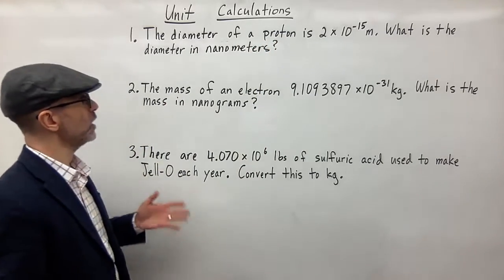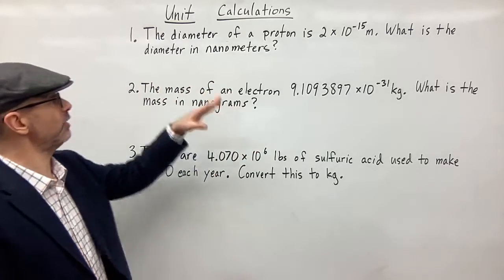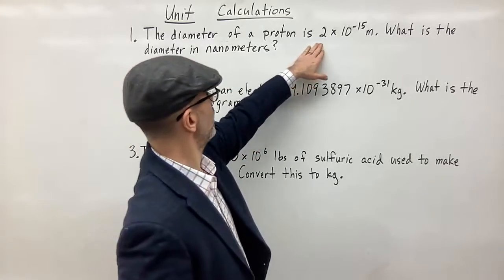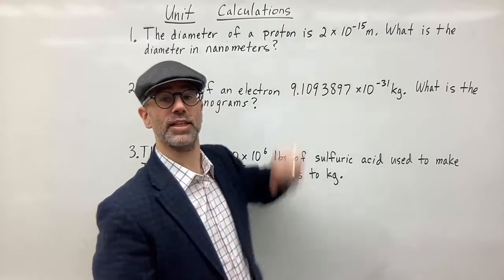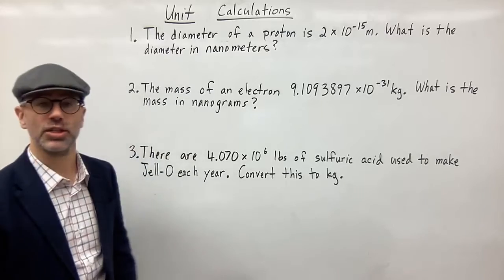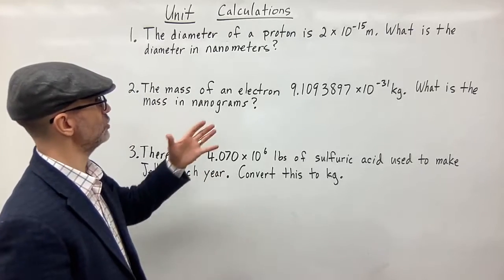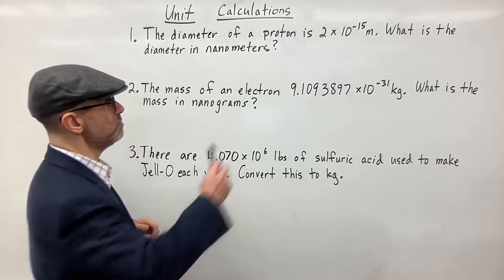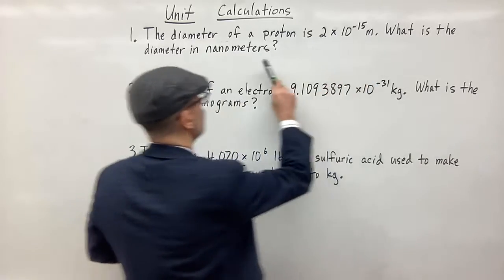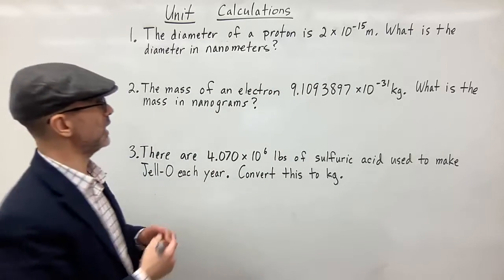So there's no conversion factors in this problem, but they do give us the diameter in meters of the proton. So we're going to have to use that. So when it comes to conversion factors, they're giving us meters. They want nanometers.